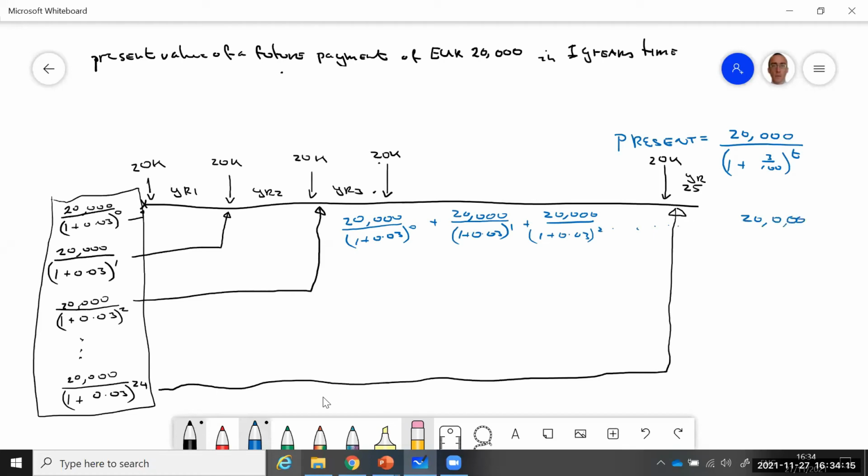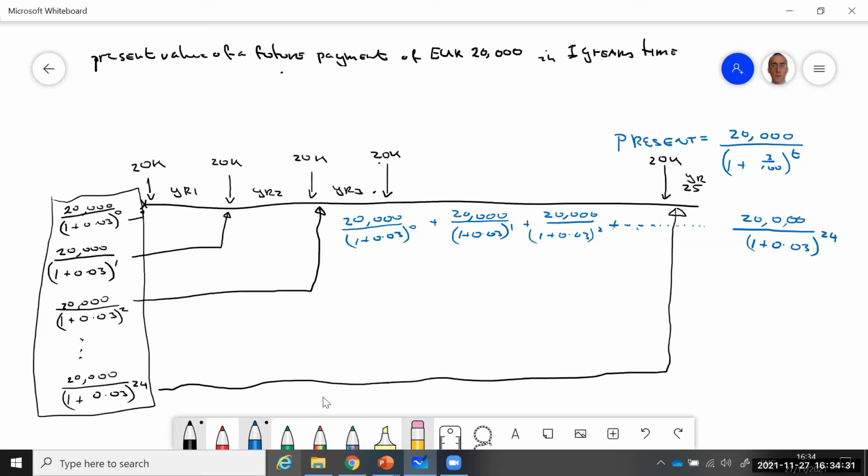I'm just omitting all the intermediate years, but they're all part of the series. It'd be too laborious to write them all out. And that goes all the way up to the power of 24.